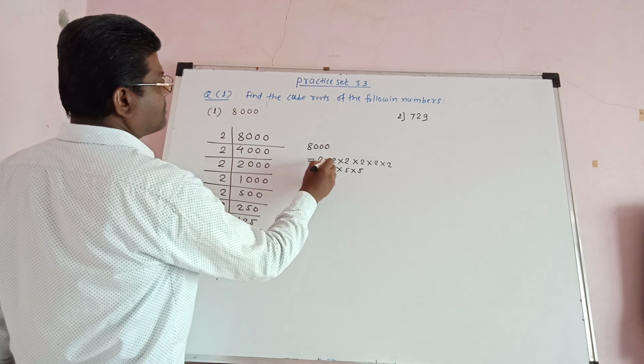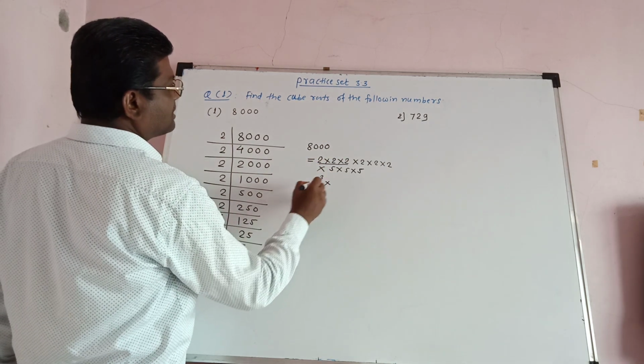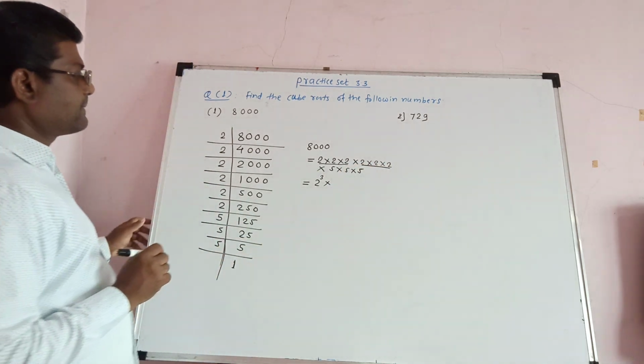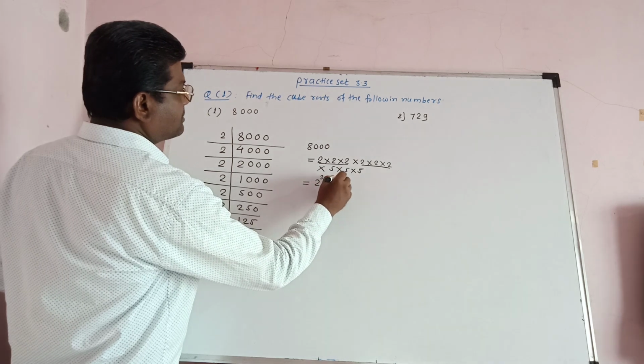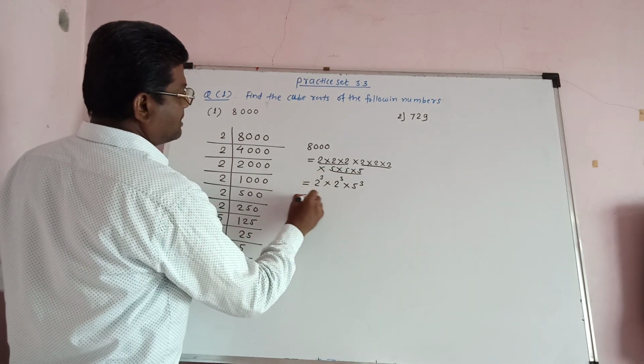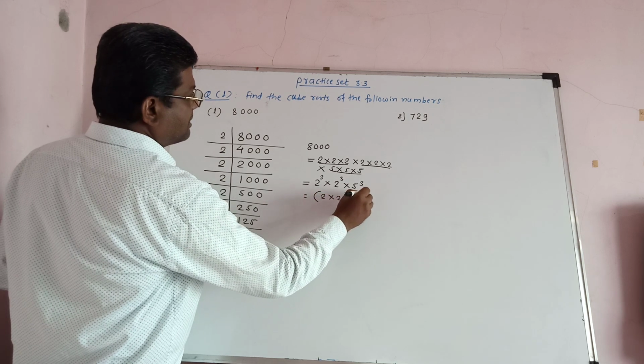The 2 into 2 into 2 will be 2 raised to 3. This 2 into 2 into 2 is also 2 raised to 3, and 5 raised to 3, which is equal to 2 into 2 into 5 raised to 3.